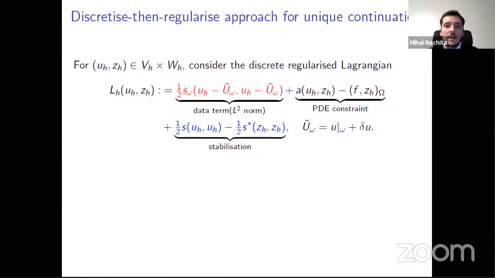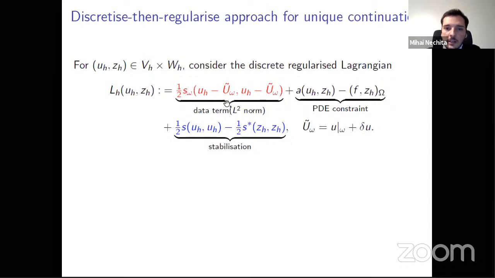So now we will try to see how this would work if we want to approach the unique continuation problem from a numerical point of view. For this, I will present a discretise first and then regularise approach. So we are still at the discrete setting, and I will formulate a discrete Lagrangian which contains three terms.